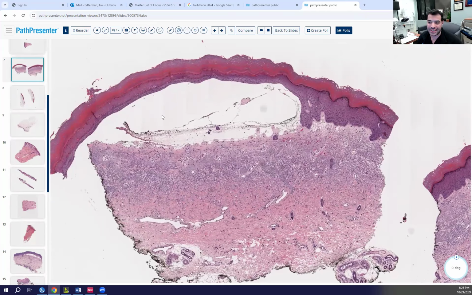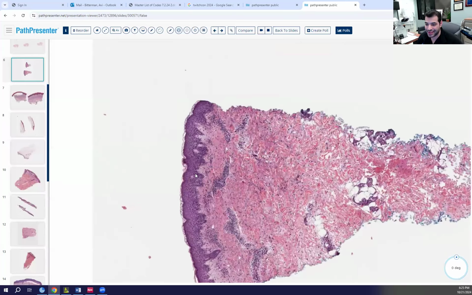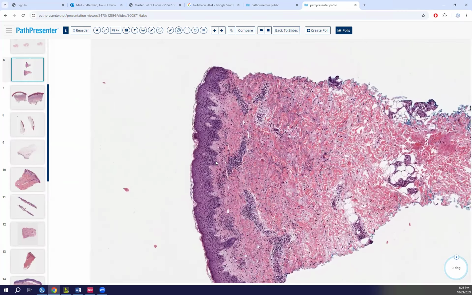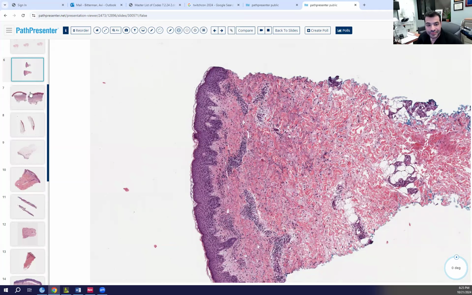By the way, what test could we do if we're trying to narrow things down here? A DIF. Yes. And what are we going to see on DIF? If it's herpes gestationis, you see linear C3 and IgG at the basement membrane. Good.